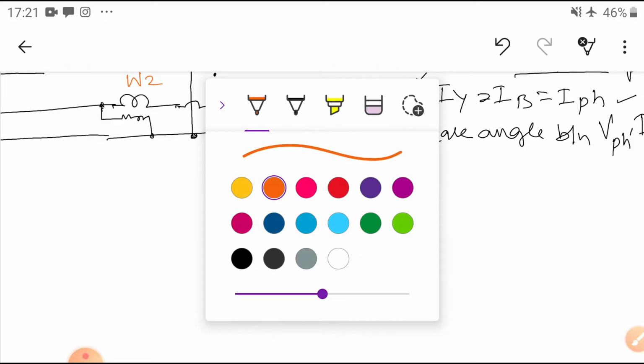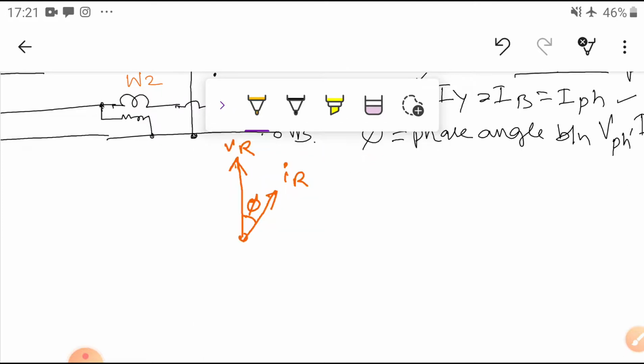Similarly, write the other phase, the Y phase. Here the Y phase is 120 degrees apart, this is the voltage VY. Correspondingly, the current IY also lags by the phase angle phi.